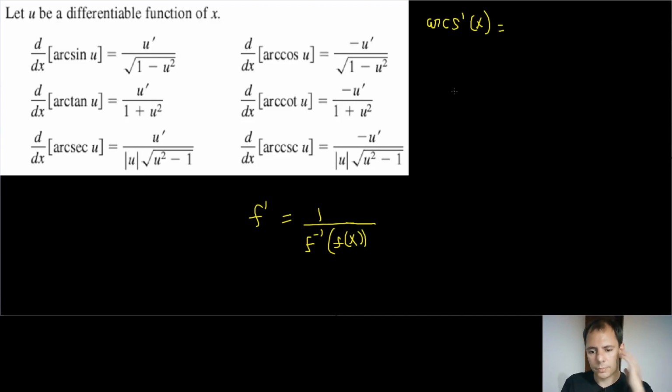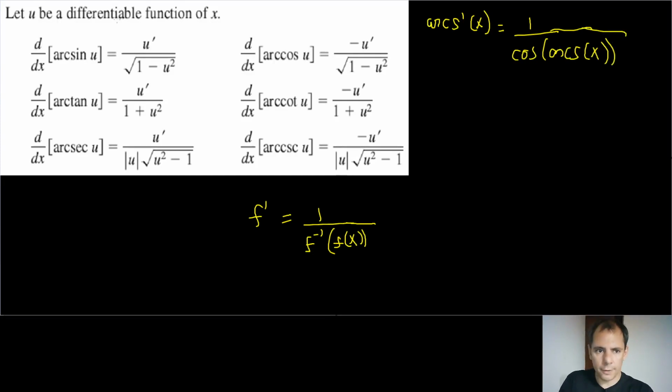It was from a few classes previously from this one. So the derivative of this is going to be equal to 1 over the derivative of the sine. Okay, now what is the derivative of the sine? It's the cosine. The cosine of what? The cosine of this function itself, arc sine of x.